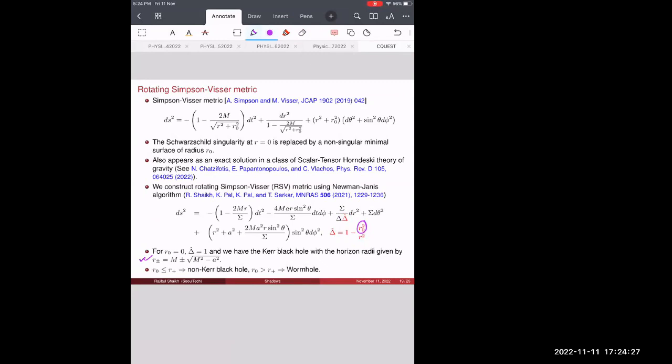Depending on the value of R0 and the outer horizon r plus, this space-time may represent either a non-Kerr black hole or a wormhole. If this minimal surface is inside the outer horizon, then we can say that this is a non-Kerr black hole because we'll have a horizon then. And if the minimal surface is outside the event horizon, then we have a wormhole.